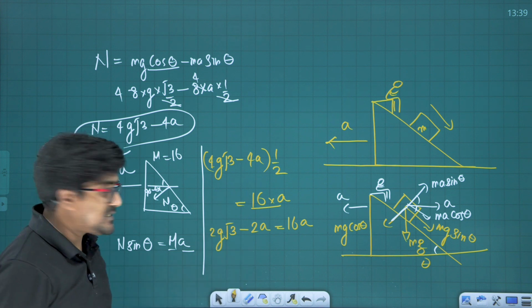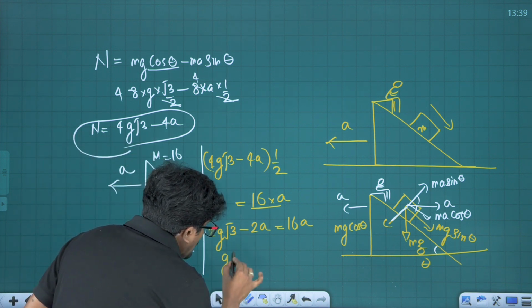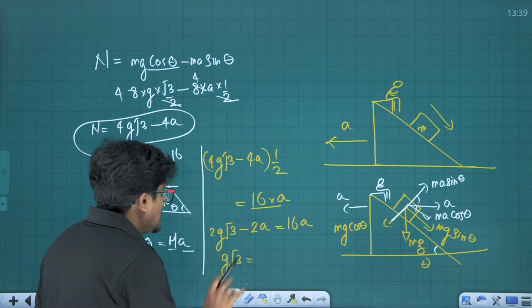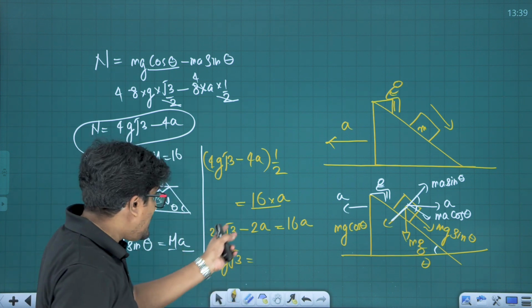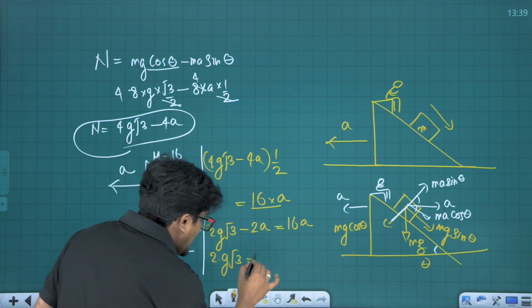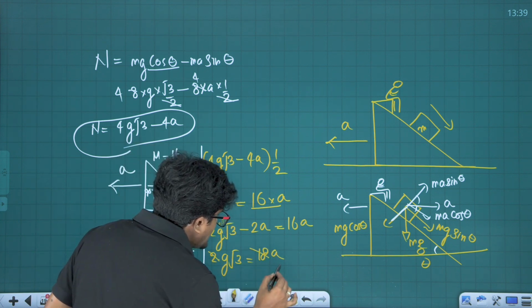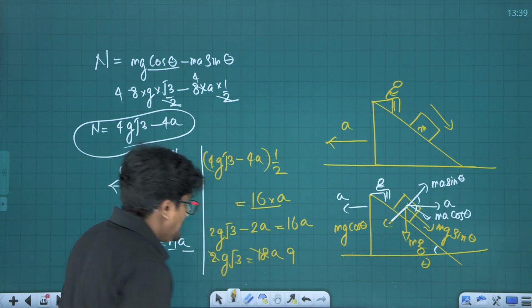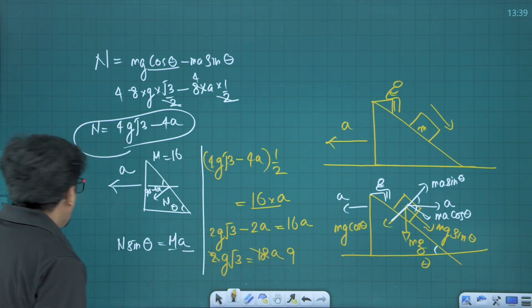So rearranging this, I can say that g into under root of 3 is equal to 2 times g into under root 3, and here this is going to be 18 times a. This one and this one will cancel each other, so it's going to be 9 times a. We need the value of a from here.